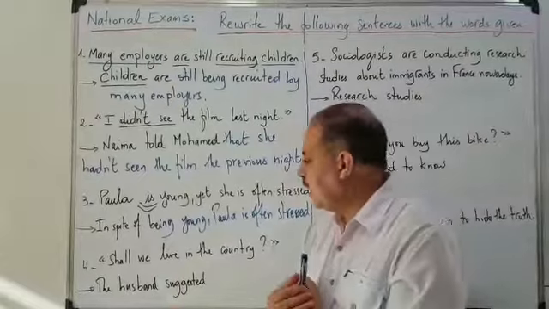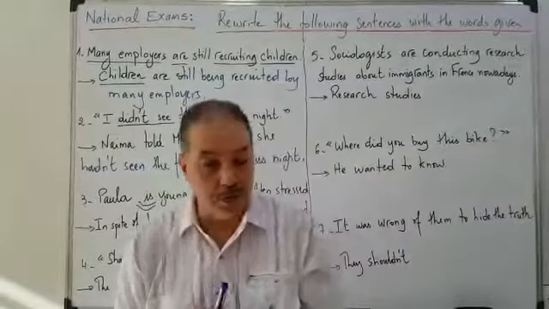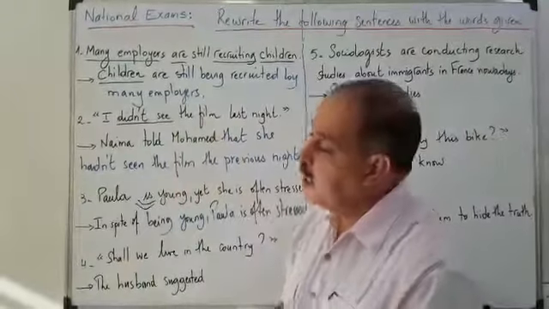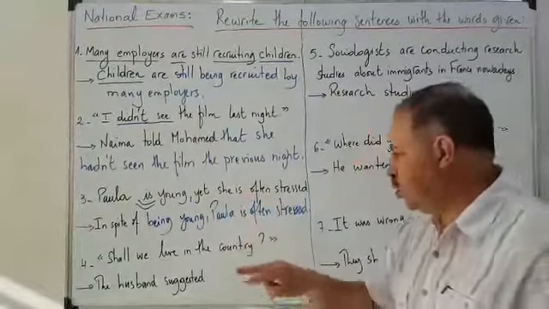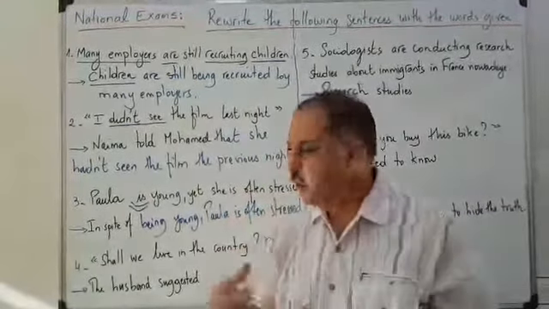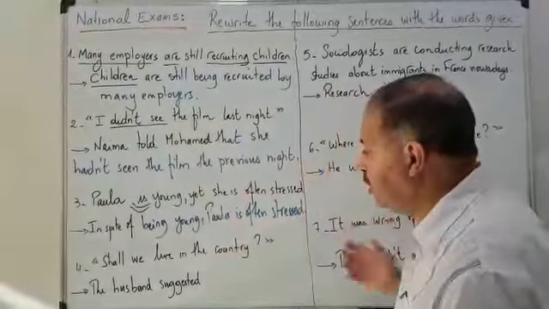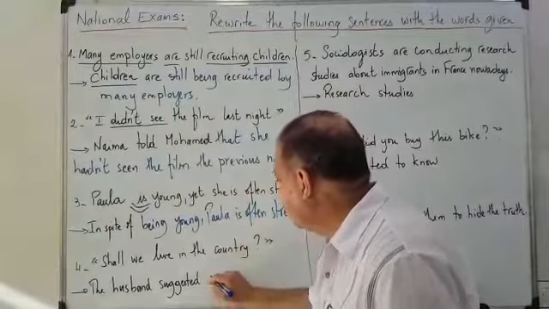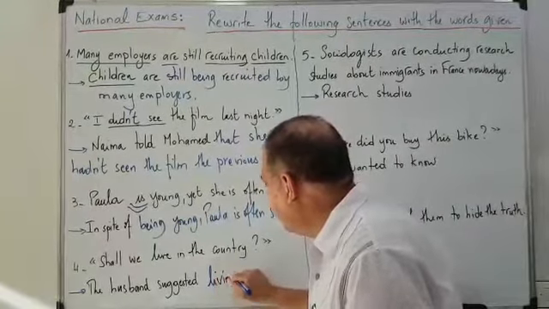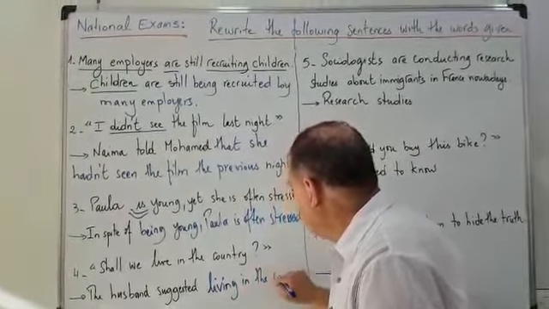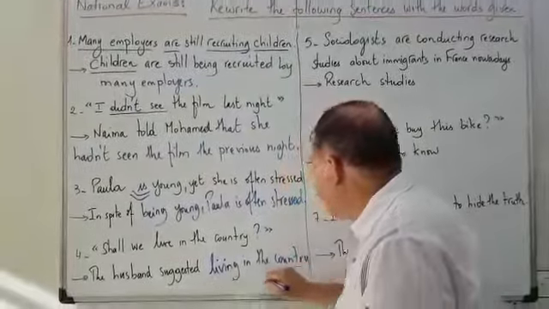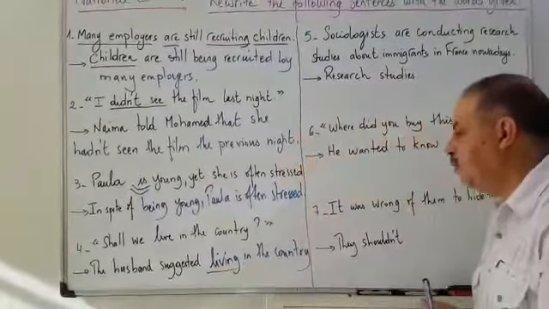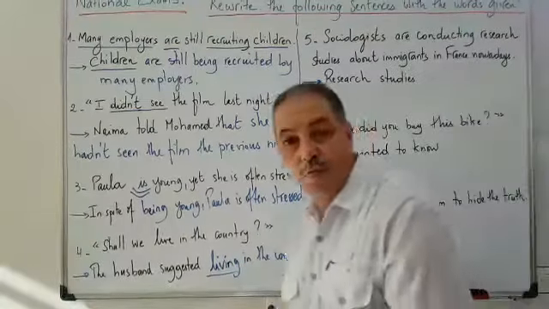As we said in my lesson concerning reporting verbs, suggested may need either suggest that or suggest plus gerund. So we can say: the husband suggested living in the country. We have worked on the verb live and made it into gerund form.